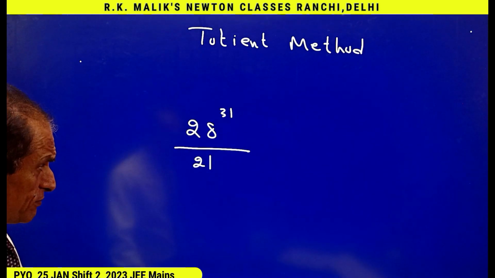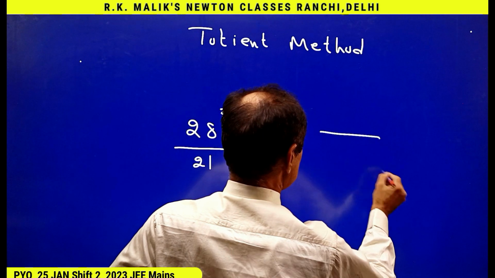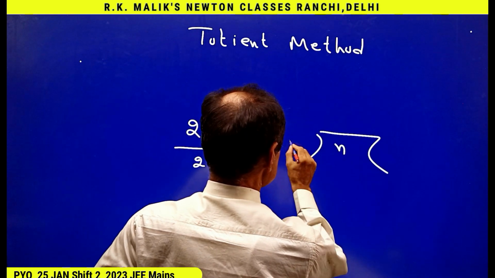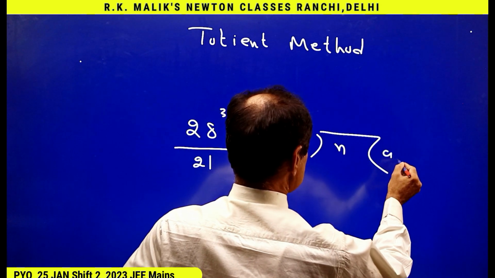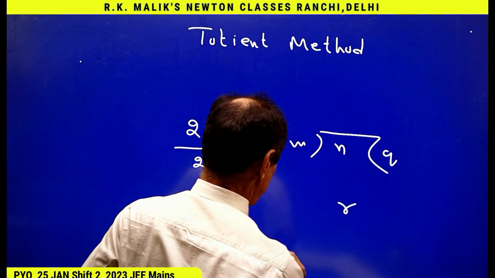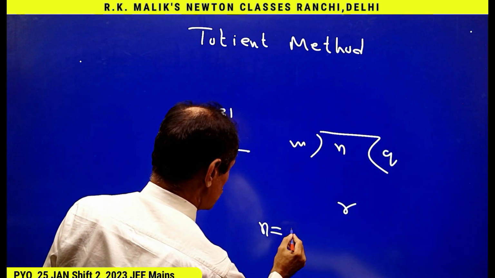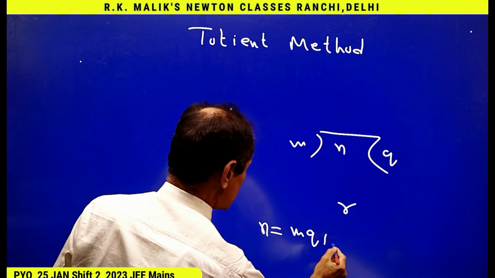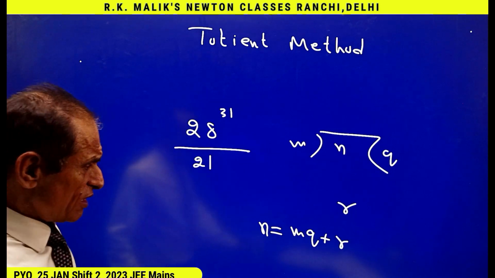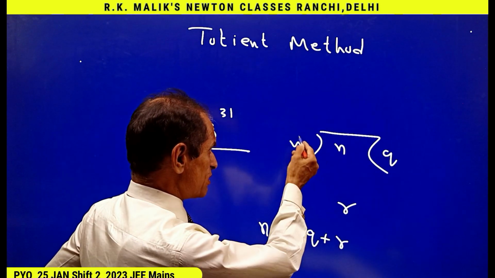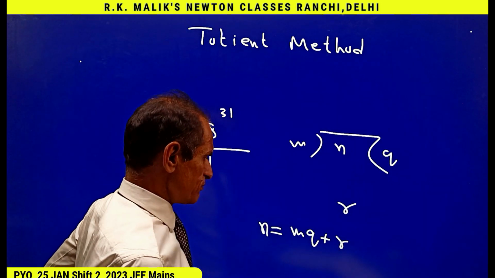Note that when a number n is divided by m, suppose the quotient is q and the remainder is r, it means n is equal to m into q plus r. You must be knowing it, and r is always less than m.